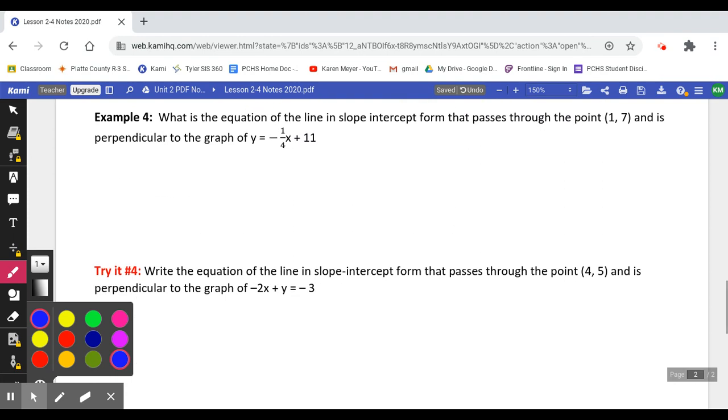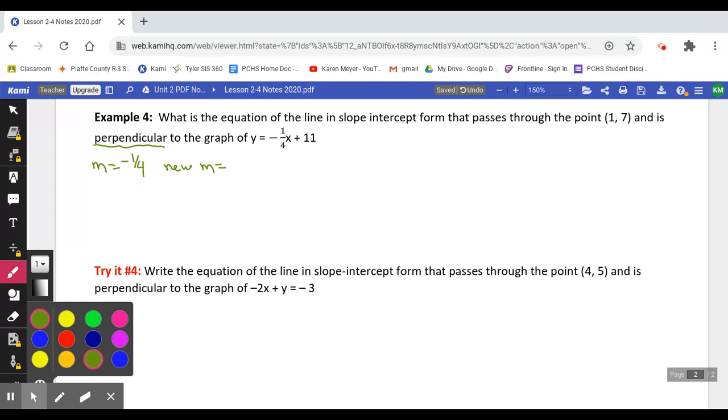Okay, example number 4. This time, hopefully you're going to notice that we're switching from parallel to perpendicular. So the line I give you is already in slope-intercept form. Yay, so I don't have to do any work there. So I get to just say my old slope is negative 1/4. My new slope, well, remember, perpendicular is opposite reciprocal.